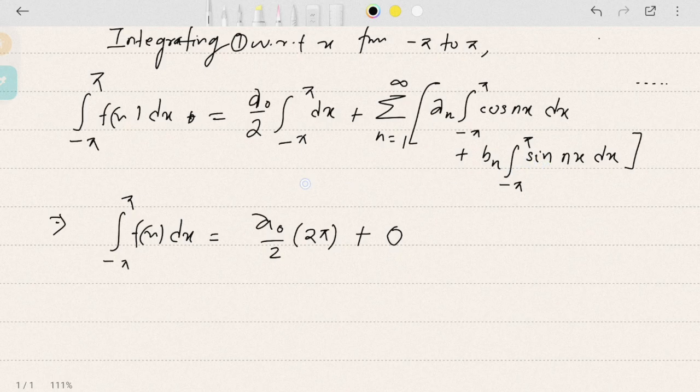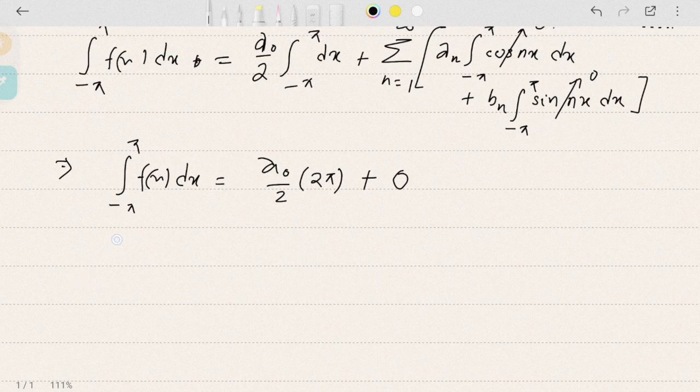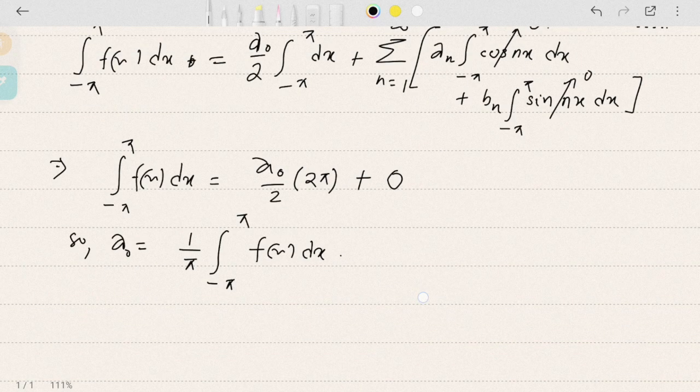If you see their graphs you can know why. So this is the standard integration, you have to remember it. So this is 0. So what is a naught? a naught is 1 by pi times the integral from minus pi to pi of f(x) dx.